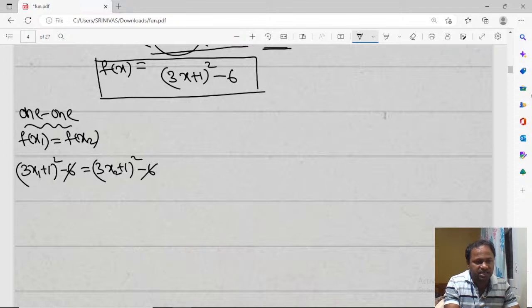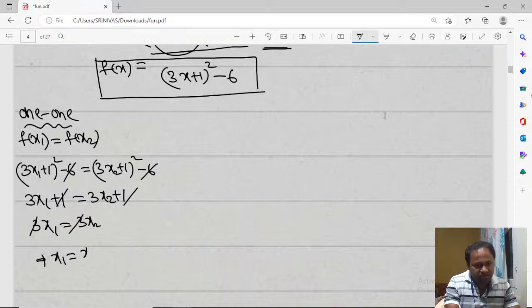Minus 6 minus 6 cancel. After that square root cancels, we will get 3x1 plus 1 equals 3x2 plus 1. Here 1 and 1 got cancelled. That means 3x1 is equal to 3x2. 3 and 3 got cancelled. That implies x1 is equal to x2. Okay? So x1 is equal to x2 means it is a one-one function.